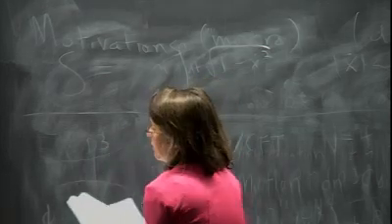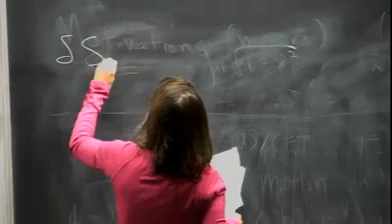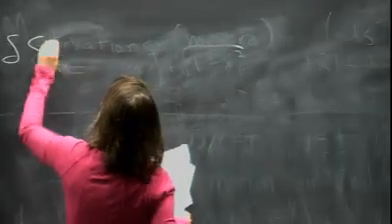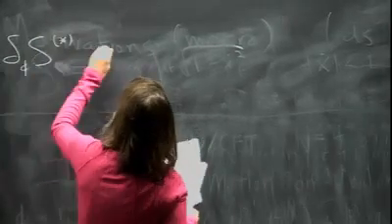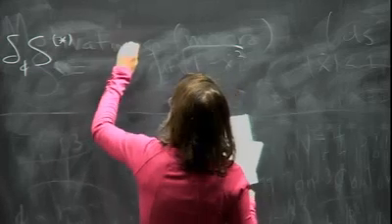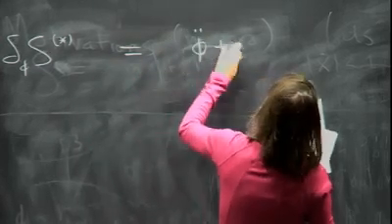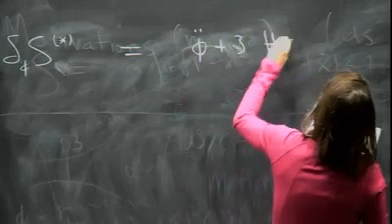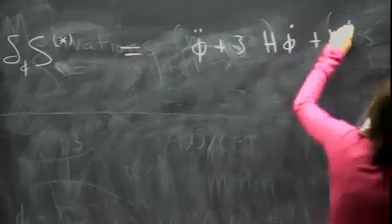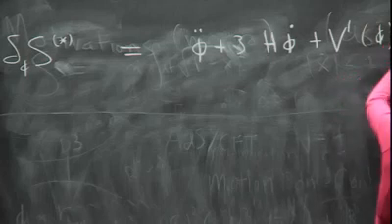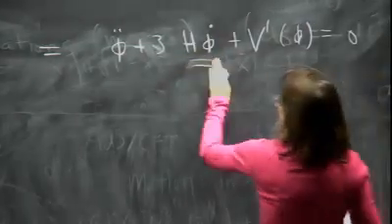Okay, so if you take the Lagrangian, this one, and you vary it with respect to the field, you get the equation of motion. In this case, you have the stuff that you would have without inflation plus the Hubble friction term.